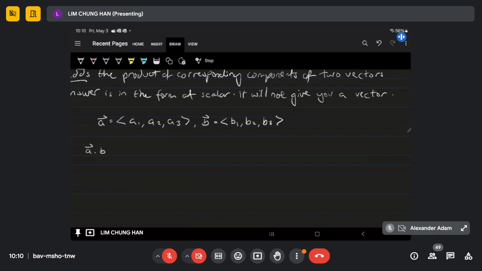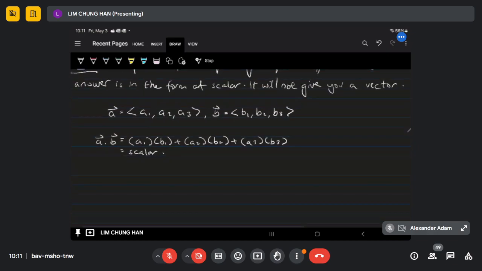When I dot product these two vectors together, what I get is A1 times B1 plus A2 times B2 plus A3 times B3. So what you get in the end is a scalar, a number. You don't get a vector.